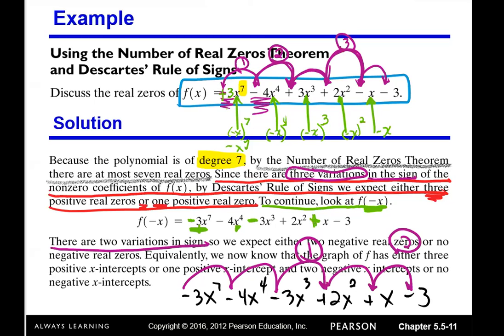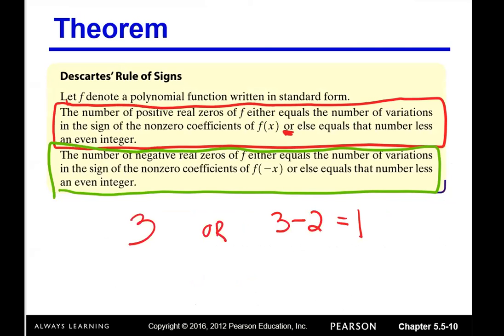So we're going to expect either 2 negative real zeros, or let me go back to the previous slide and look at what I circled in green. The number of negative real zeros either equals the number of variations, which in that case was 2, or else equals that number less an even integer. 2 minus 2 would be 0.